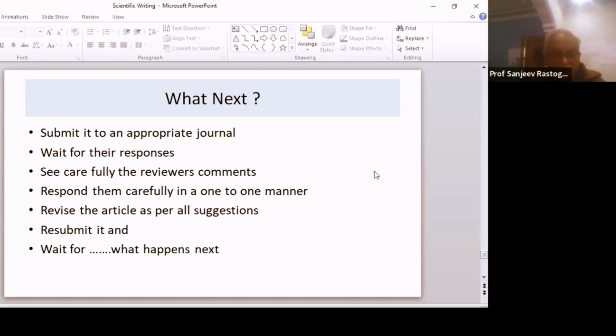They humbly responded that it is a new journal and they are taking every care to publish articles of very high quality, so just bear with us. We are doing it just to ensure that manuscripts of very high quality get published. So it can take 9 or 10 revisions even.